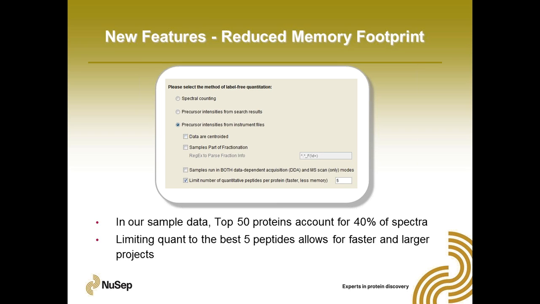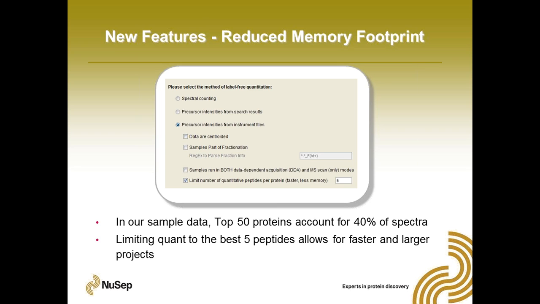This means that serum albumin will now only get quantified by 5 peptides versus 1,000 if you're doing a human serum analysis. The advantage of this approach is your low abundance proteins, where you really need that reproducibility. If a protein has only 5 peptides or less, every one of those peptides is going to get quantified.